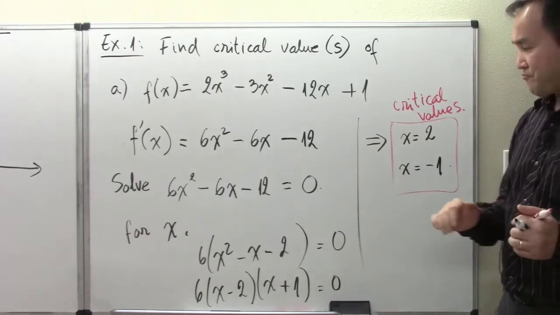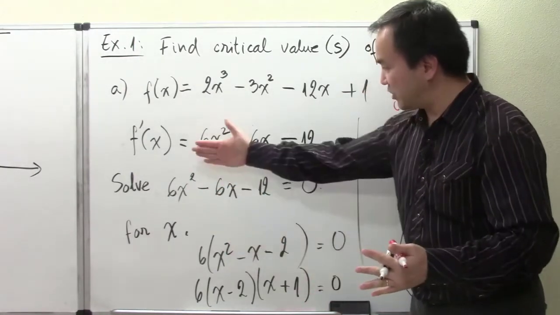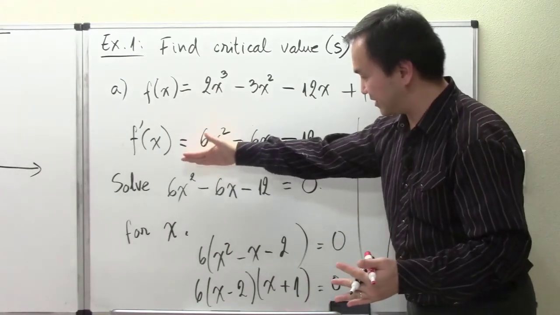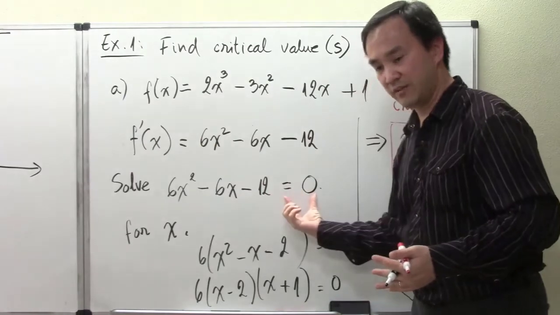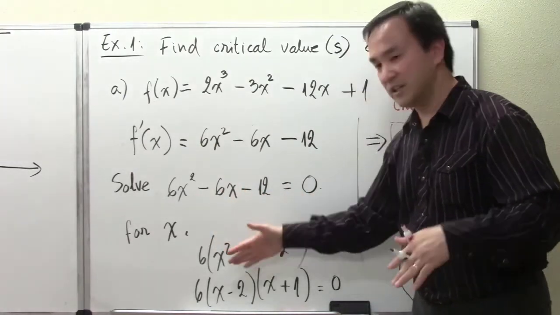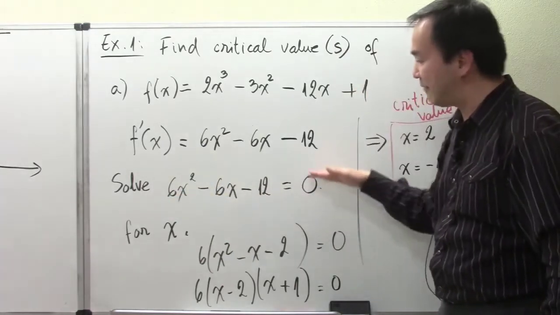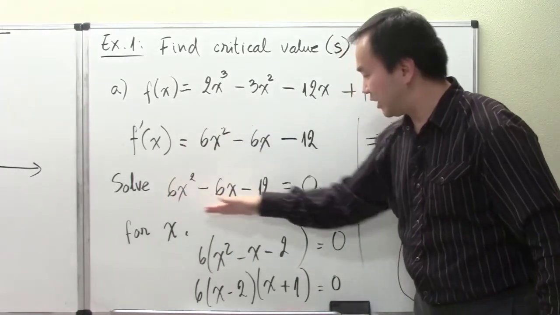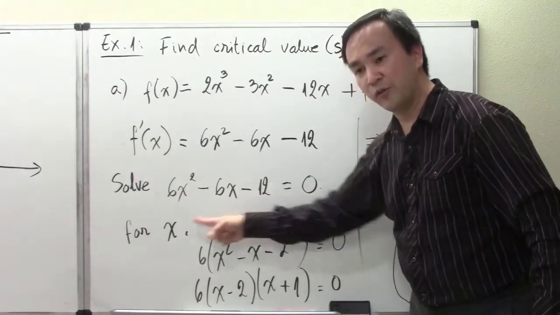And so the big generality here is that once you have found your derivative, then simply set or equate your derivative with 0. It could be a quadratic, it could be something else, but basically we have to solve that equation for x.